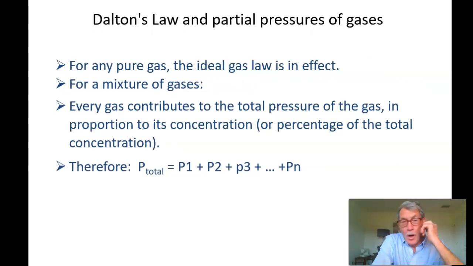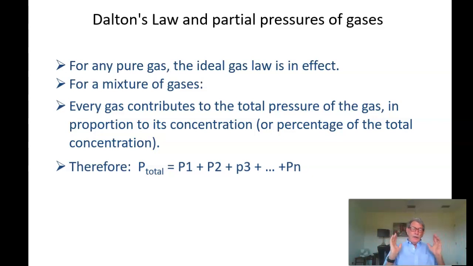So Dalton's law. We've talked about partial pressures a little bit in the previous lectures, the partial pressure of 100 in the alveoli and 40 at the tissues. Well, what exactly does that mean? Dalton discovered that if you had a gas that had more than one gas in it, the pressure exerted was proportional to the percentage of molecules that were a particular gas.